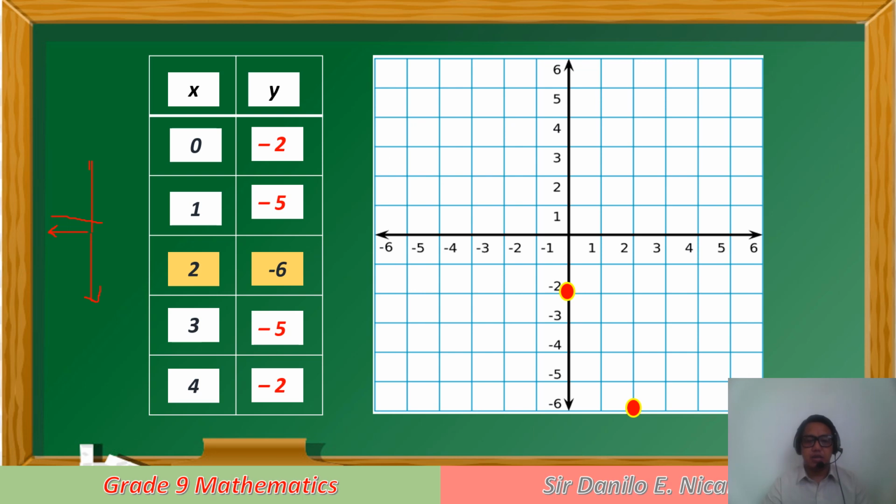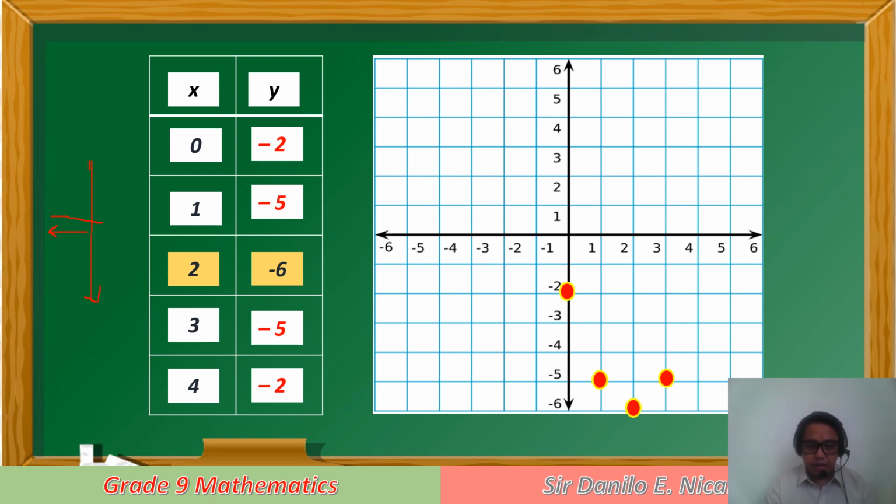Yan. So, dyan yan. Next one, 1 and negative 5. So, from the origin, move 1 to the right, then 5 downwards. 1, 2, 3, 4, 5. Your point will be here. Alright. And then, sunod lang sila.